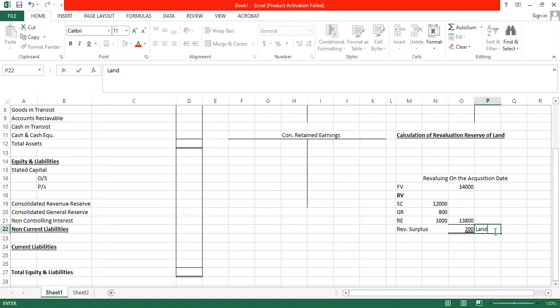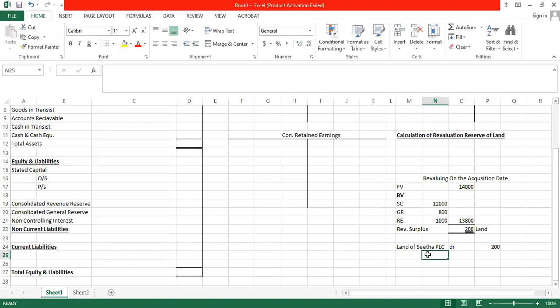Therefore, you have to add this 200 to their land value. So definitely, land of Sita PLC debit 200. It's increased by 200, right? Land of Sita PLC debit, and we have to credit. This is on the acquisition date, recognition of revaluation.